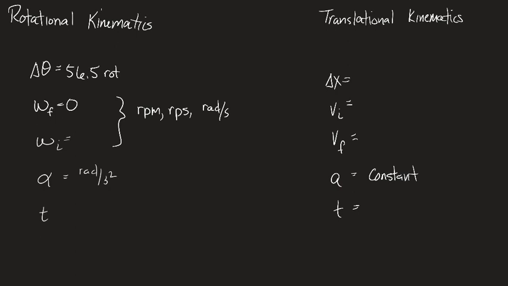And in this problem, time is time. Whether you're dealing with translational motion or rotational motion, it's just a variable for how long it took to do something, and we were at 1 minute and 24 seconds. All right, so here's what I want to see. I'd like you to find the initial velocity that I spun the wheel at in rotations per minute, and the angular acceleration in radians per second squared.